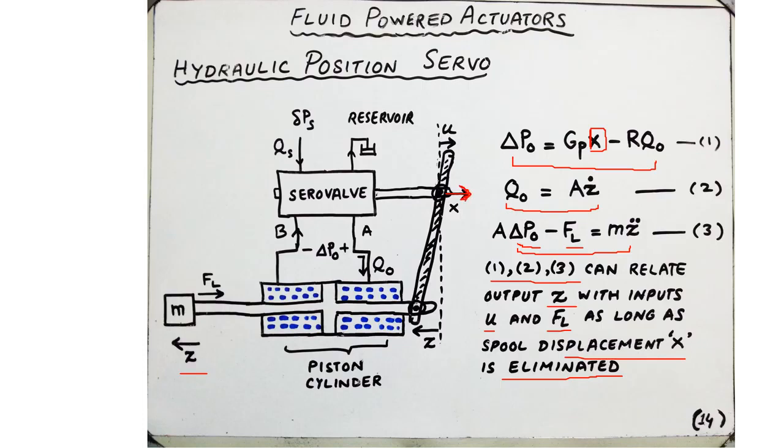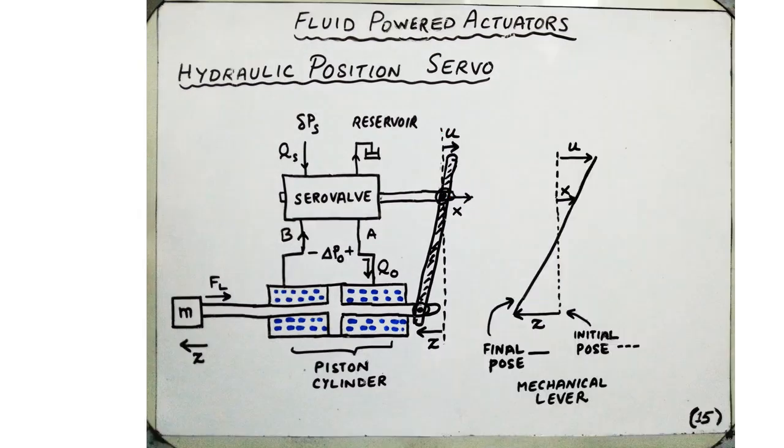So that needs to be eliminated, and once that is done, we can conveniently find an expression of the output displacement with FL and U. It is possible to eliminate X by writing it as a linear sum of U and Z.